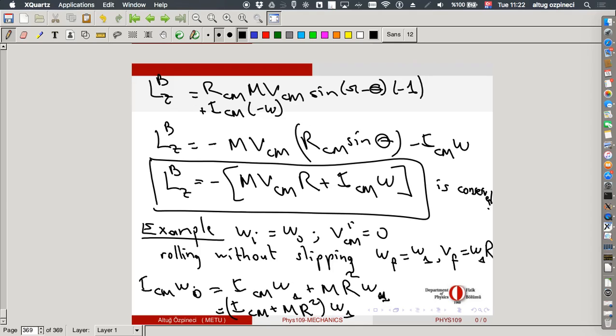This is the angular momentum of an object rotating around a fixed axis, and this is the moment of inertia around that axis. So again, we are back to the parallel axis theorem. If the parallel axis theorem didn't hold, we wouldn't have a consistent description of the system.